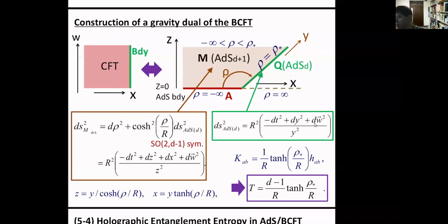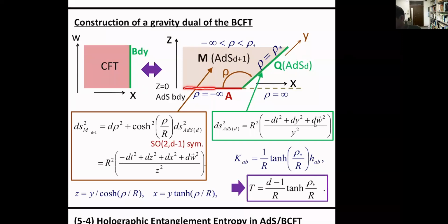I don't write the time direction. So the X direction is here. There are two space directions, X and W. And in the X direction, spacetime terminates at the boundary. This is a boundary. And this CFT is dual to some part of AdS space. In this case, we don't need to worry about backreaction because this is a very beautiful example, and there is no backreaction.